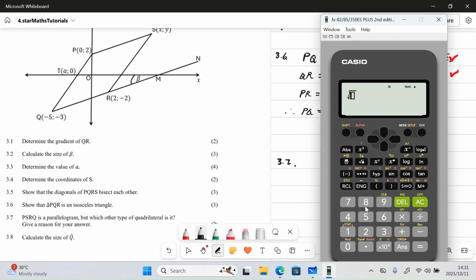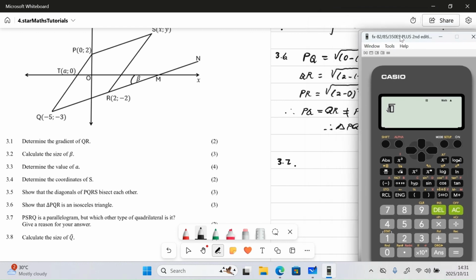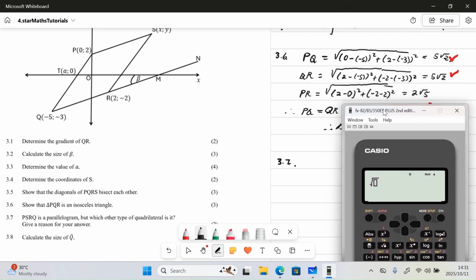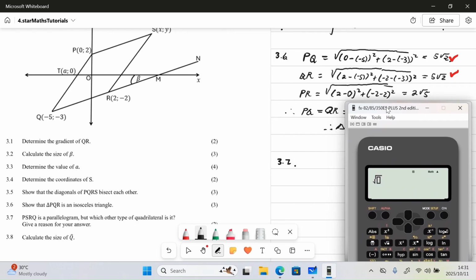We're going to calculate the distances. We have the distance of PQ, the root of this. We have the distance of QR.